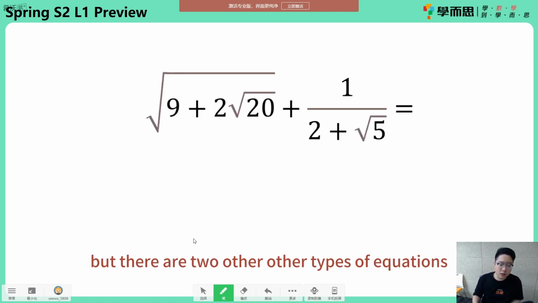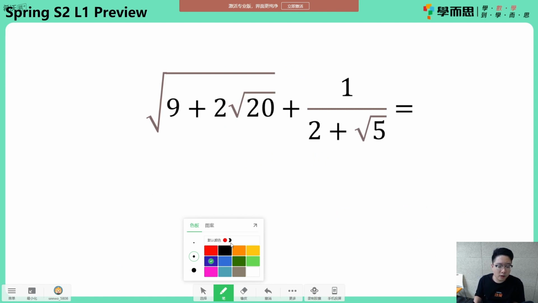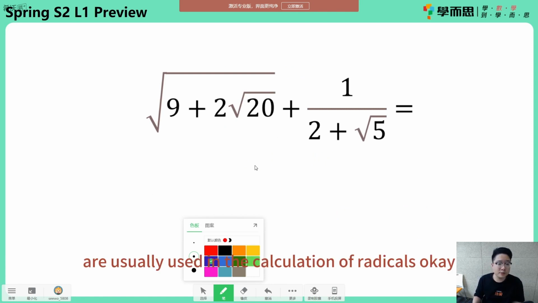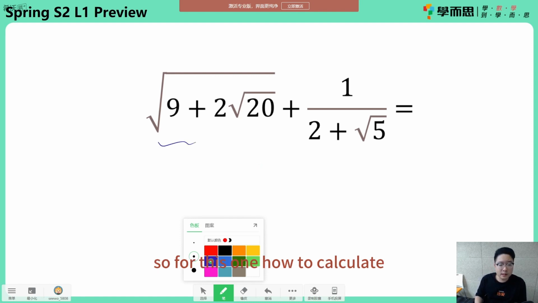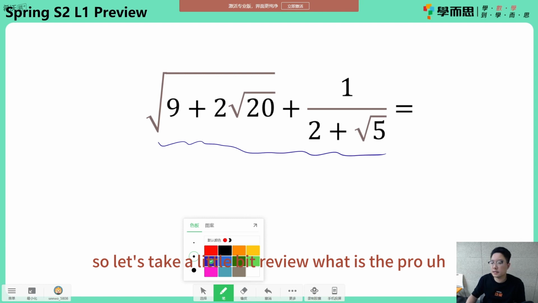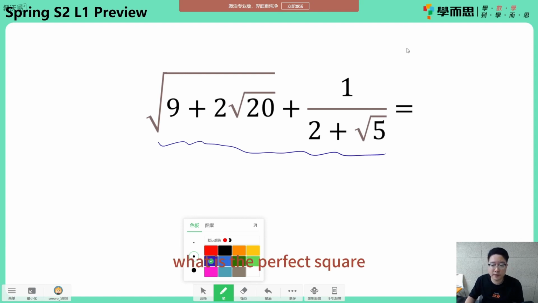But there are two other types of equations or formulas that are usually used in the calculation of radicals. Okay, so for this one, how to calculate? Let's take a little bit of review. What is the perfect square?